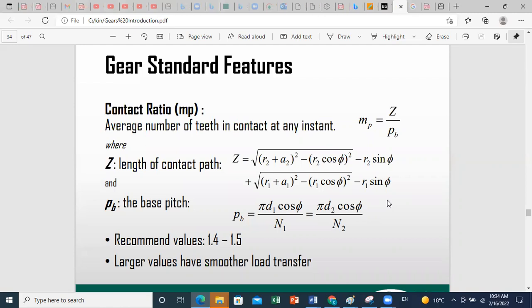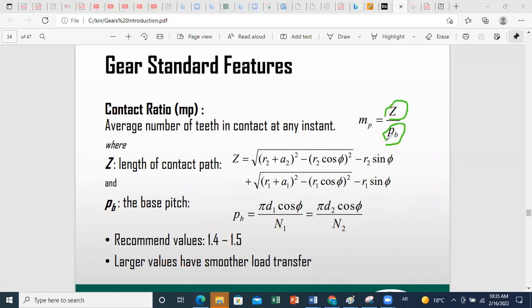This is why we define the average number of teeth in contact at a certain instant. It's a little bit complex formula. If you are interested in the derivation, it's derived in the book in detail, but what I want you to know is just the meaning of this number. We can calculate it as the ratio of the length of the contact path Z over the base pitch.